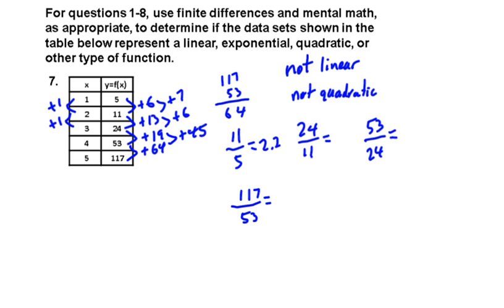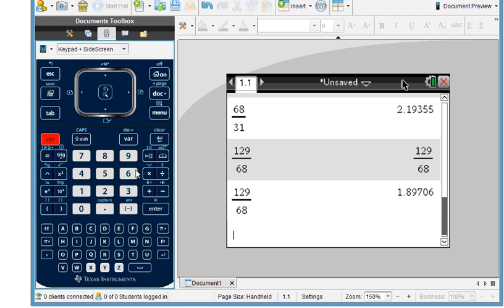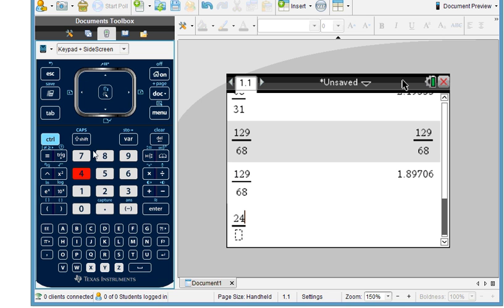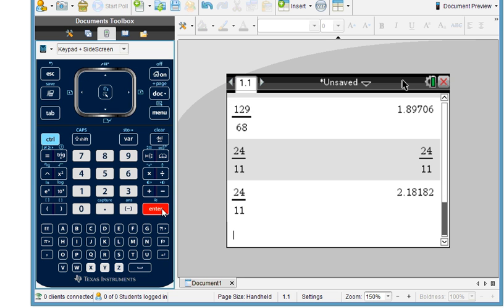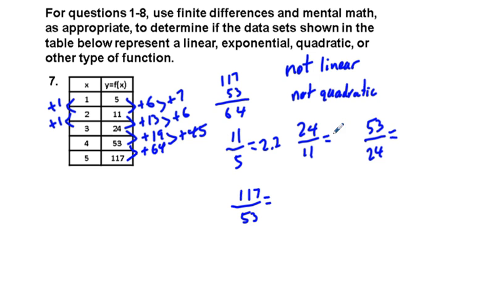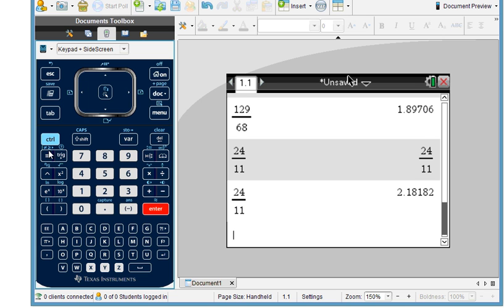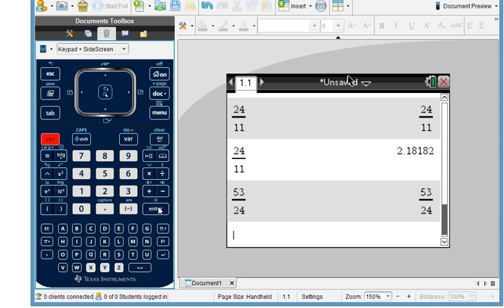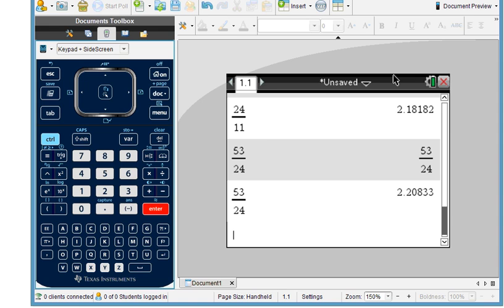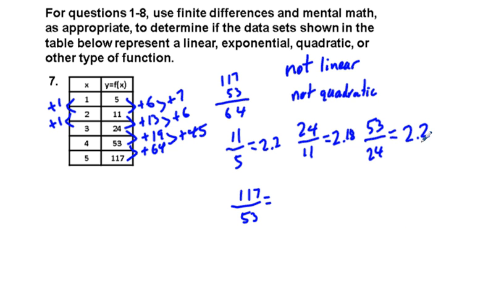Let's try these other ones here. We got 24 over 11. Okay, we get 2.2 about. Okay, that's about right. 2.18, that's about right. 53 over 24, I think that's going to be close. Okay, that's going to be 2.2. Very close. 117 over 53, I think we're going to see that.